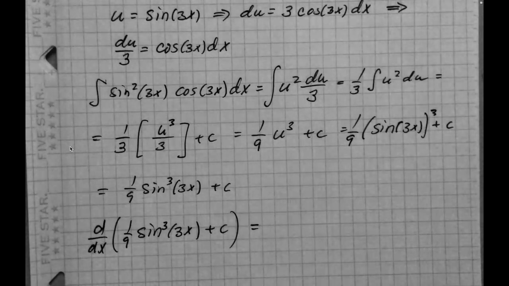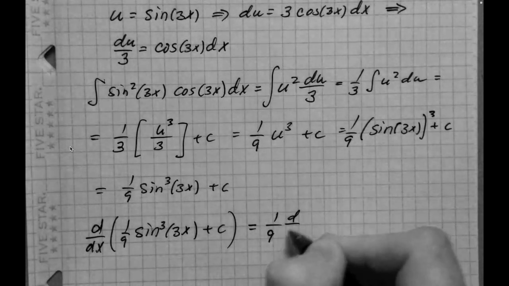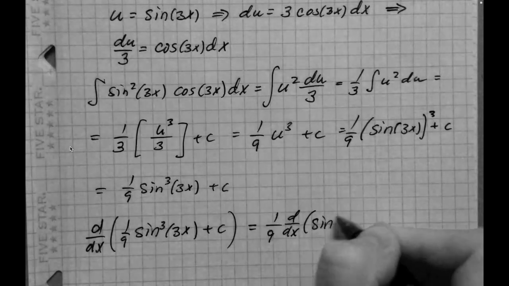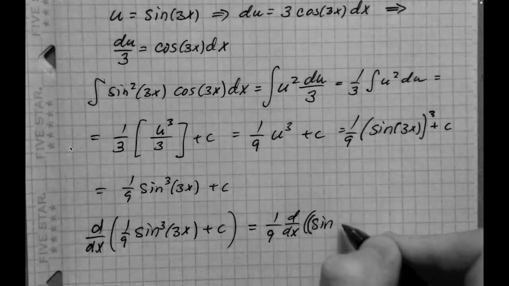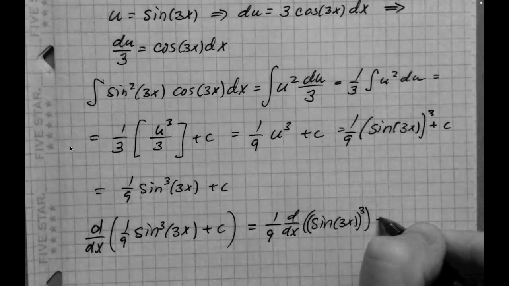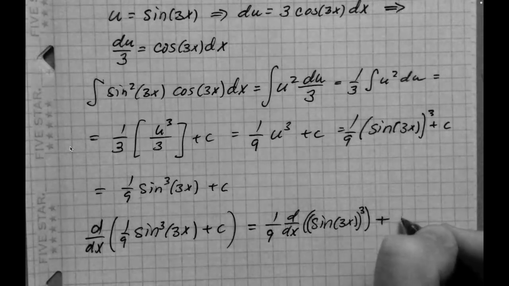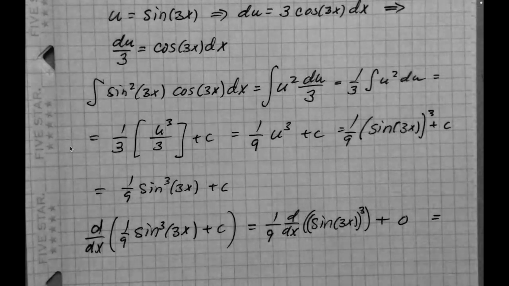When I differentiate this, let's pull the 1/9 out and write it as sine of 3x cubed. Then I'm going to drop the c because I know that the derivative there is 0. We'll just put plus 0, to make it clear what happened to that.